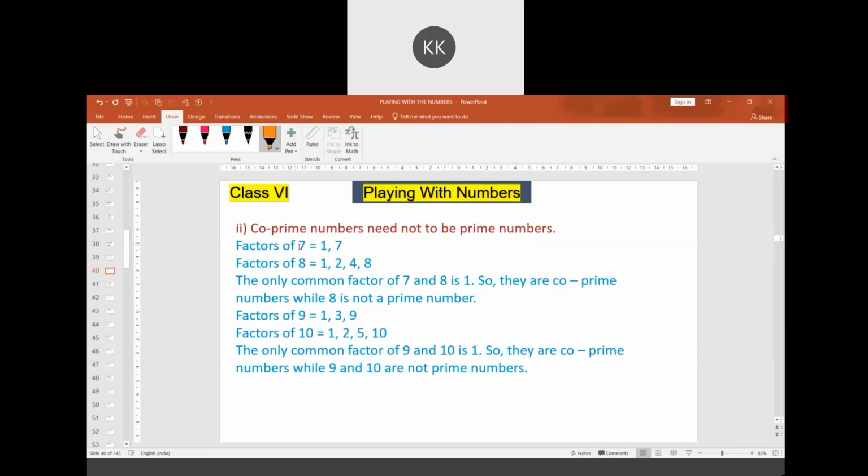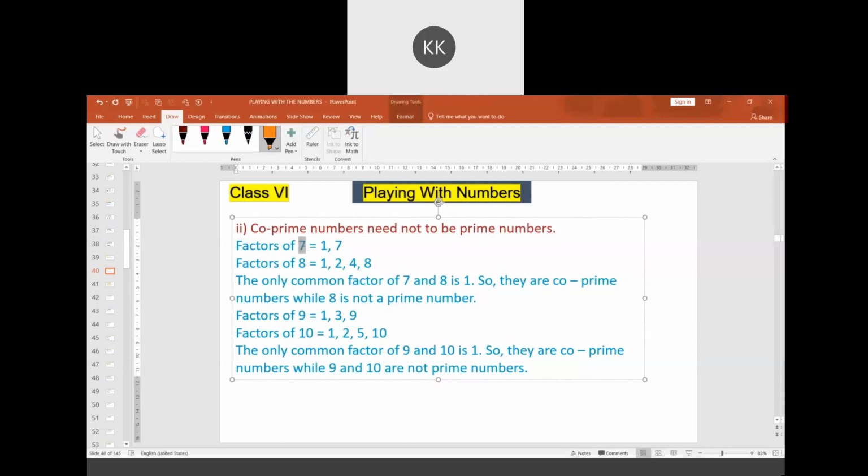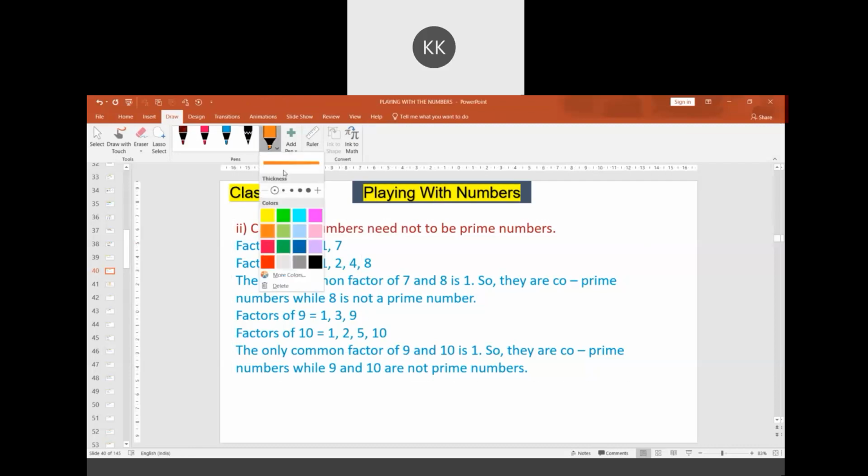For example, if I take one number as 7 and another as 8, their highest common factor is just 1. They are always co-prime. If I take an odd number and an even number, their common factor is 1. So they are co-prime.